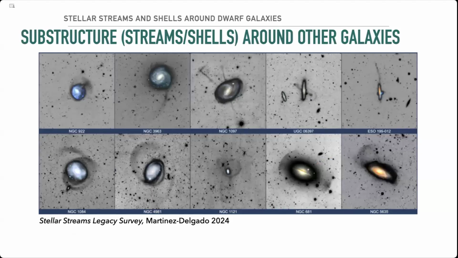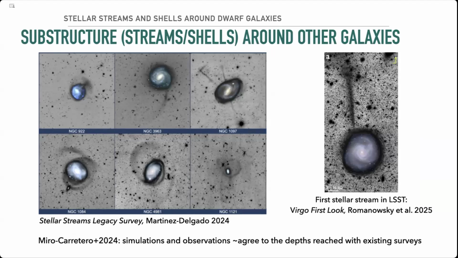So we've seen a lot of substructure in the local volume around other galaxies, and this has been a very rich data set, but most of these are more massive systems. And actually there's one found in LSST, as has been shared on the Slack.